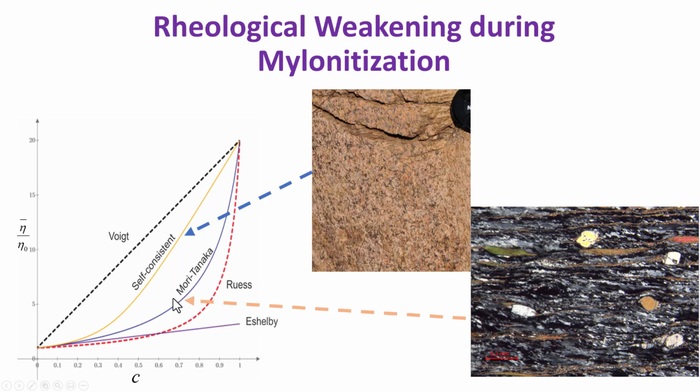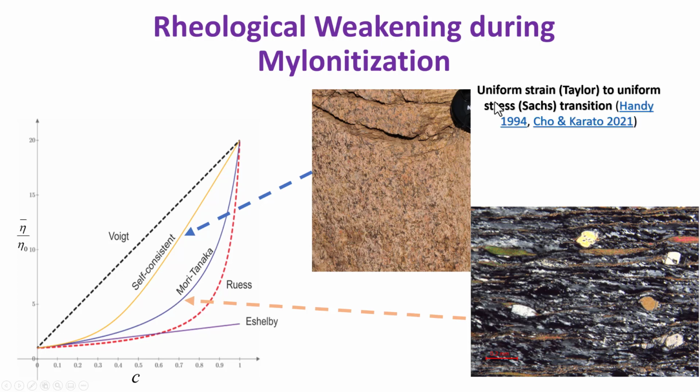The Mori-Tanaka method becomes more relevant. Many decades ago, Mark Handy proposed that there is a transition in behavior from uniform strain-like to uniform stress-like as the strain localizes. So in the uniform strain case, the behavior is strong. In the uniform stress model, the behavior is like the Reuss average.